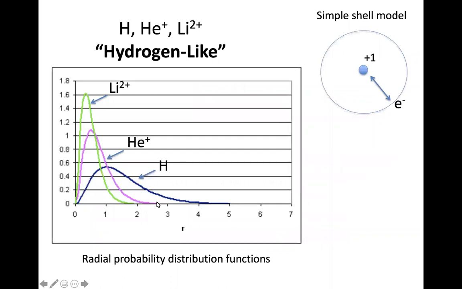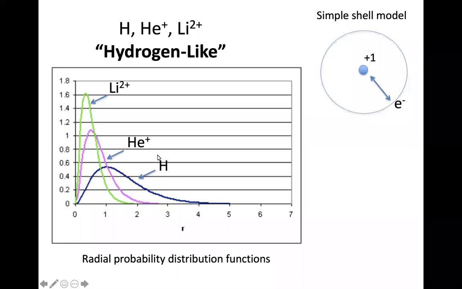So let's begin to play this out a couple different ways. By that, I mean let's see how the effective nuclear charge is influencing different properties of these atoms. Here's one on the left-hand side. These are the radial probability functions for hydrogen, shown in blue, for helium plus, which is pink, and for lithium 2+, shown in green.